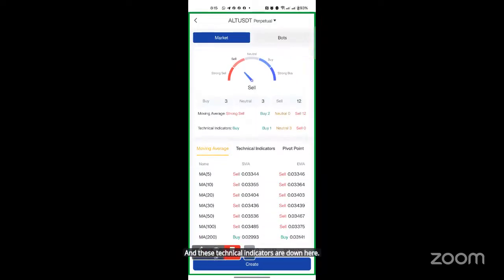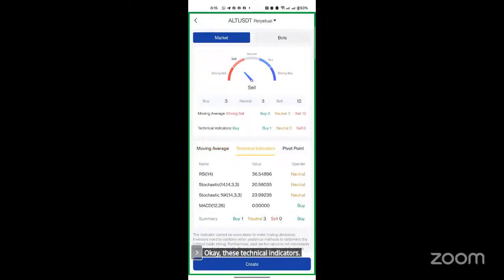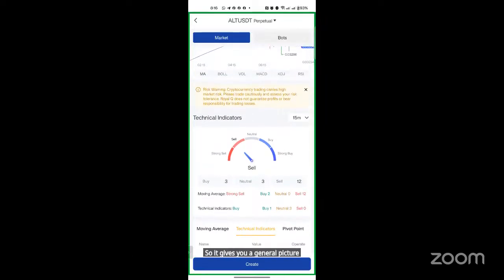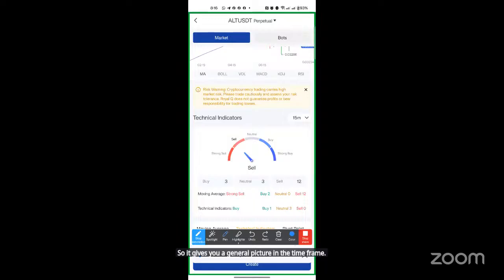These technical indicators are moving averages, and also stochastic RSI and so on. So it gives you a general picture in the time frame. Basically, we have strong sell, neutral, buy, and strong buy.